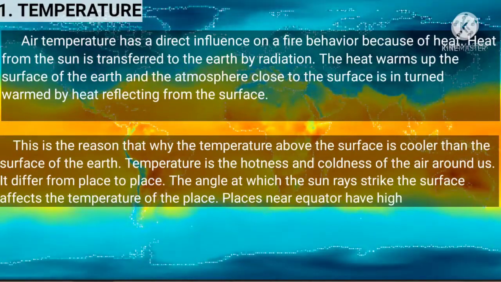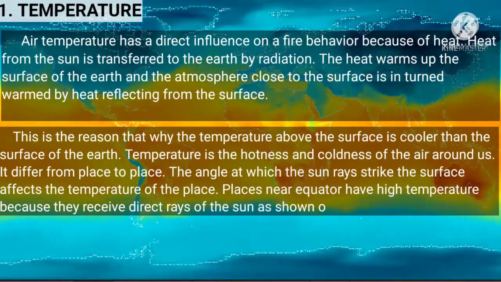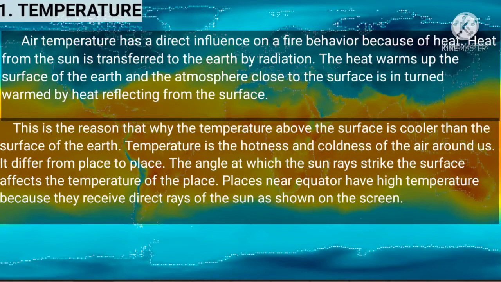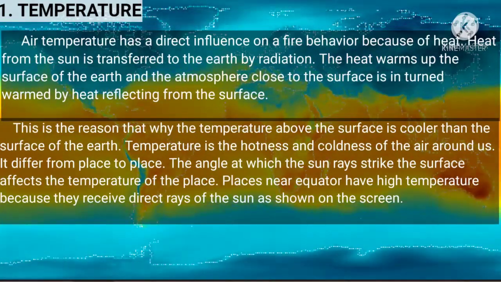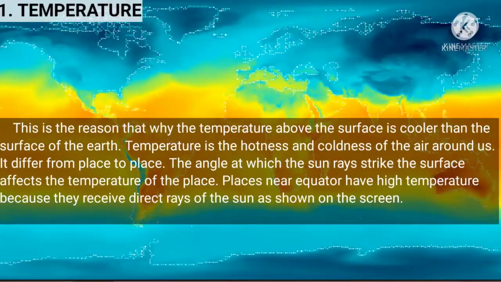Temperature is the hotness and coldness of the air around us. It differs from place to place. The angle at which the sun rays strike the surface affects the temperature of the place. Places near the equator have high temperature because they receive direct rays of the sun as shown on the screen.